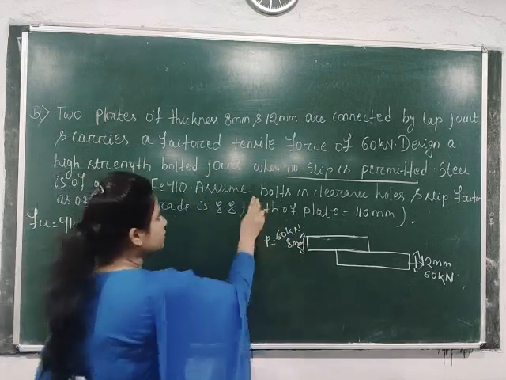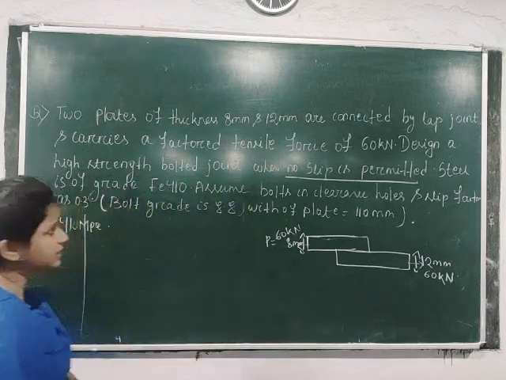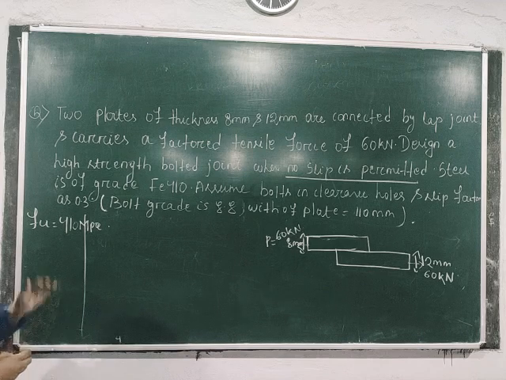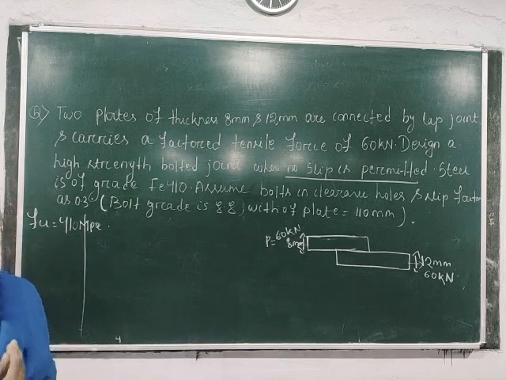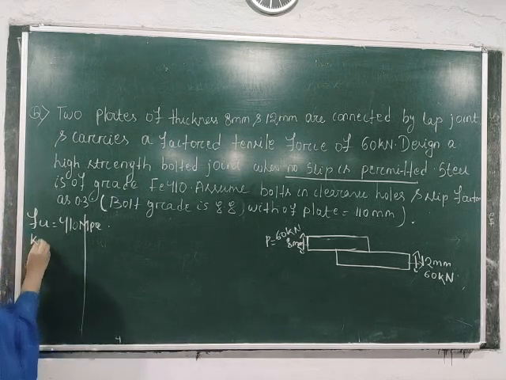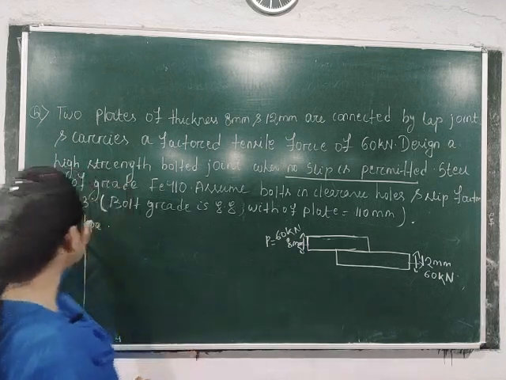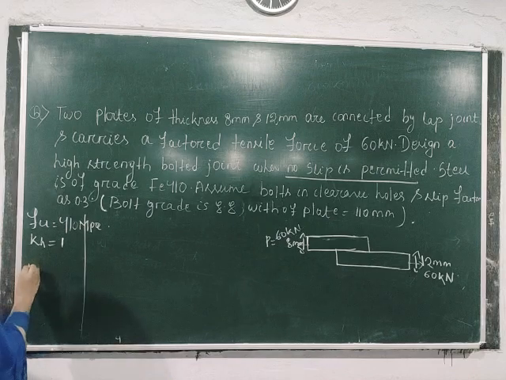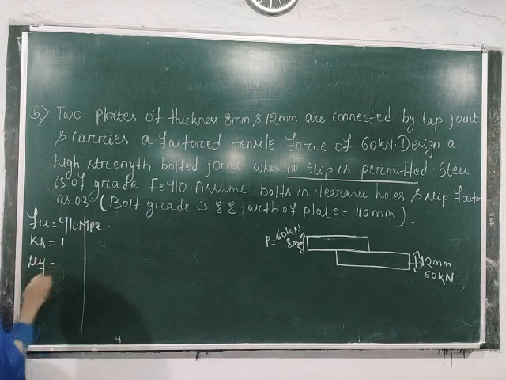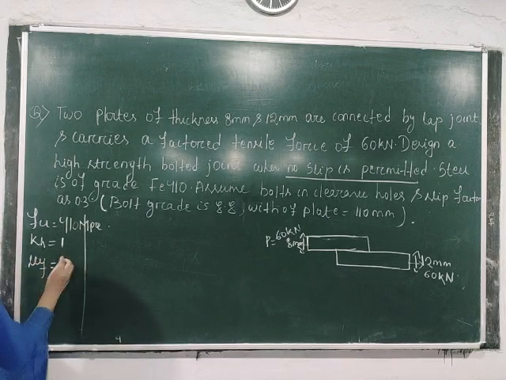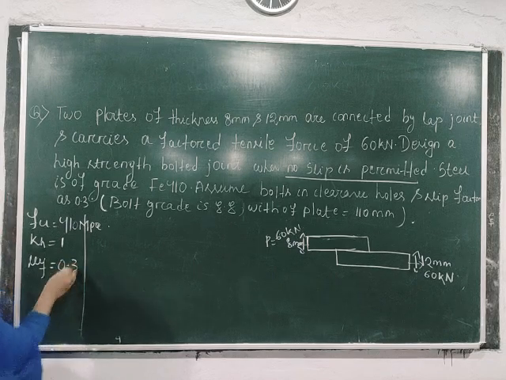For this condition, that is bolts in clearance holes, the value of KH is 1. The next is slip factor as 0.3. So the coefficient of friction or the slip factor is given in the question and the value is 0.3.